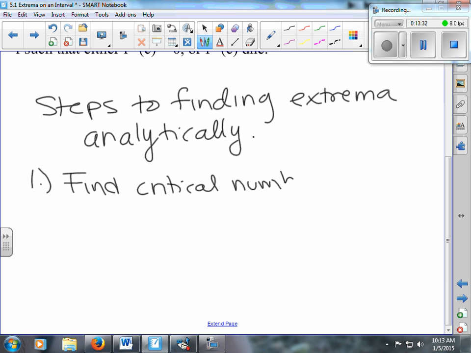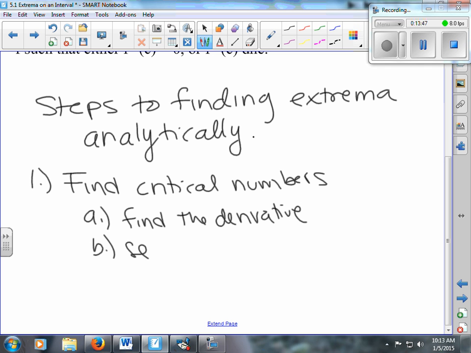And critical numbers are where the derivative equals 0 or doesn't exist. So this has substeps. This means to find the derivative, and then set the derivative equal to 0 and solve for x. These are critical numbers.